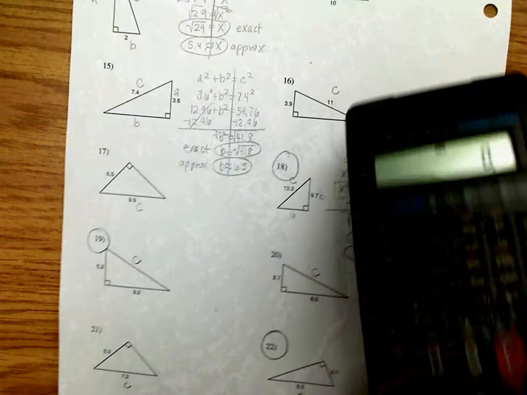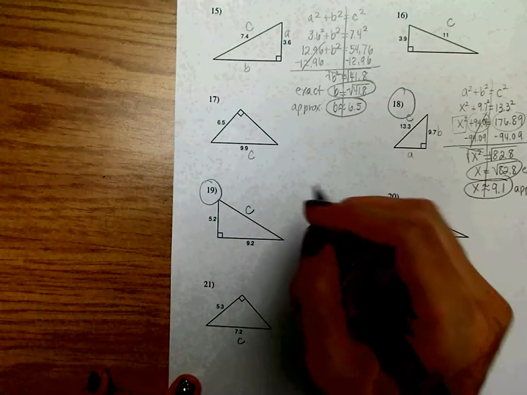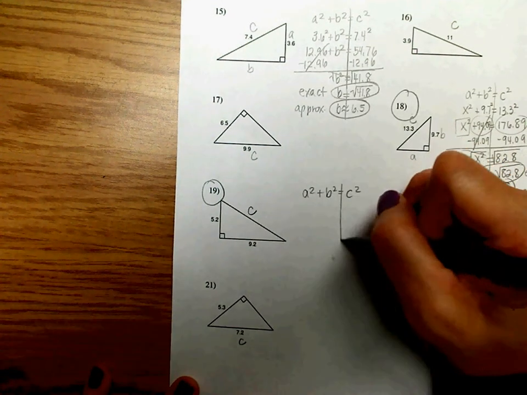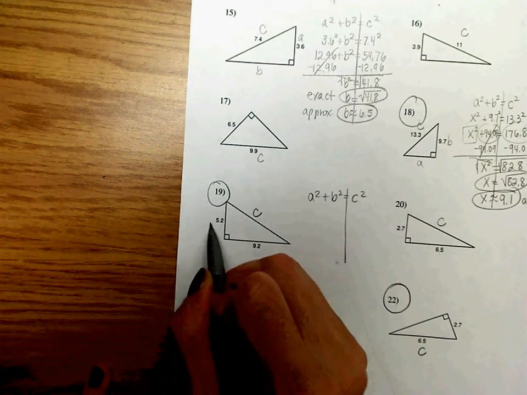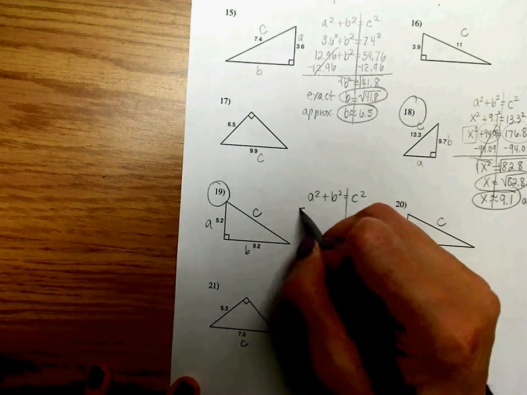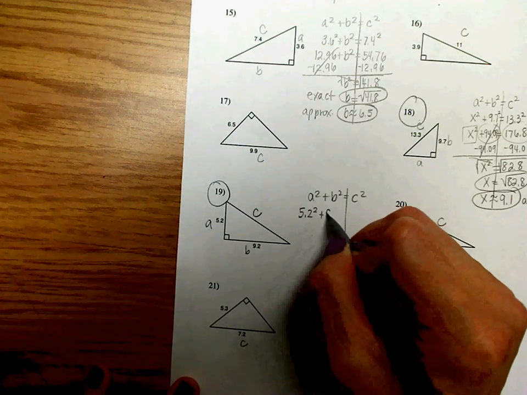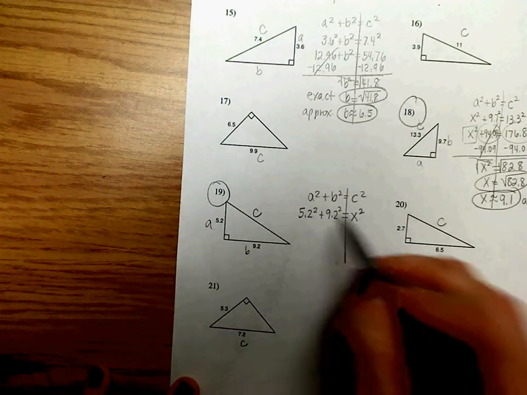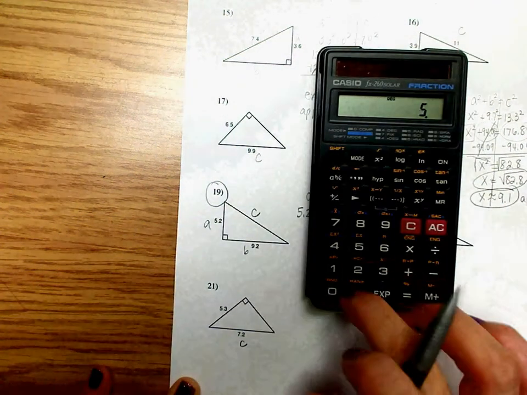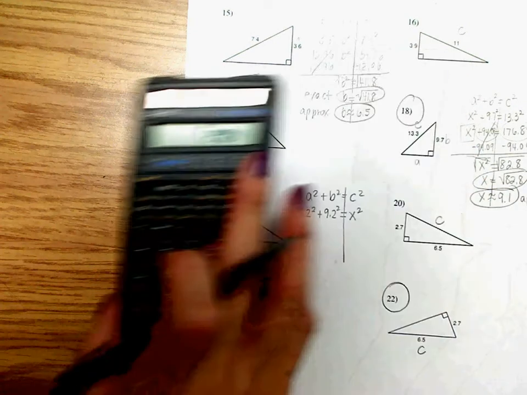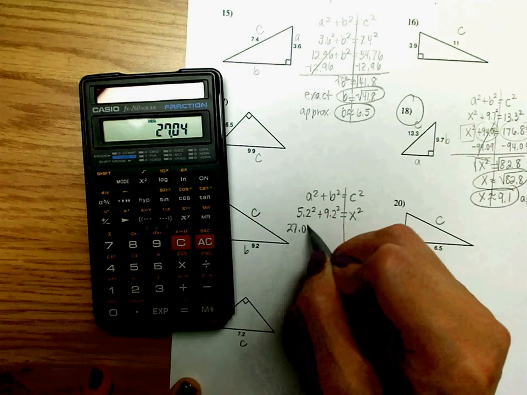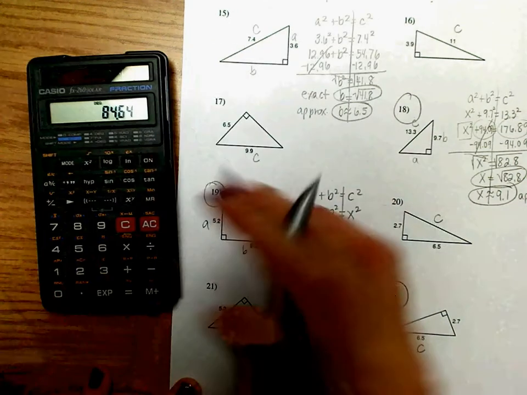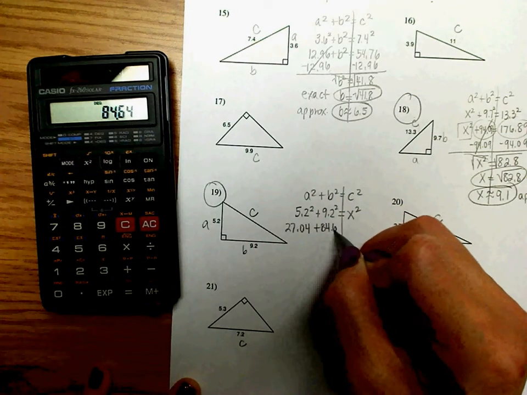Now I'm going to go to number 19. I'm going to write a squared plus, and if I'm going too fast, just pause it anytime you want. So here's my c. I'll make this a and b. I have 5.2 squared plus 9.2 squared equals c squared, or I'll say x squared. Now you have to square 5.2. So 5.2 squared is 27.04. 9.2 squared is 84.64 equals x squared.